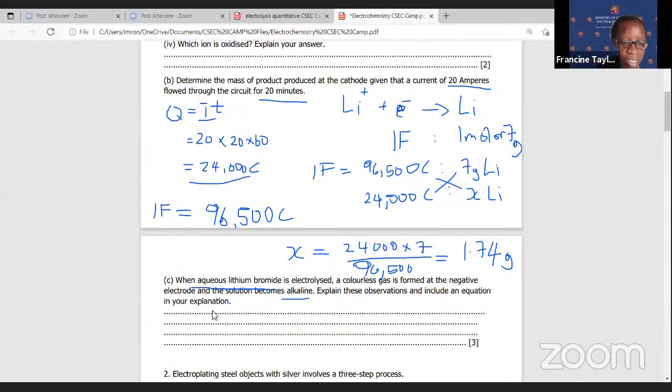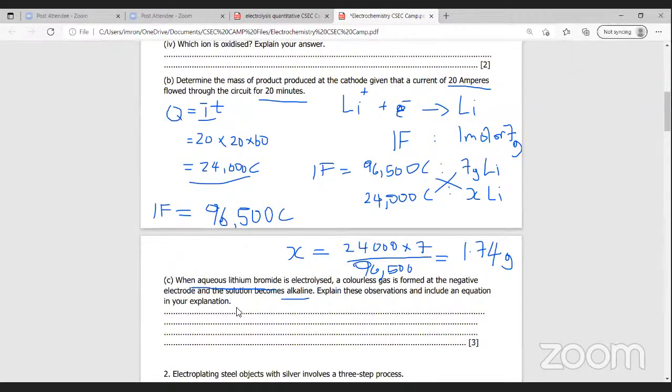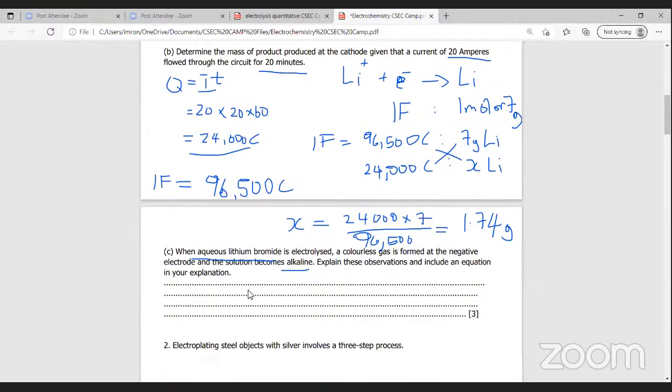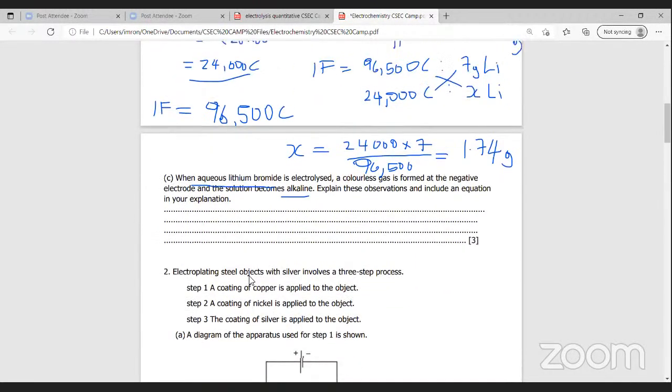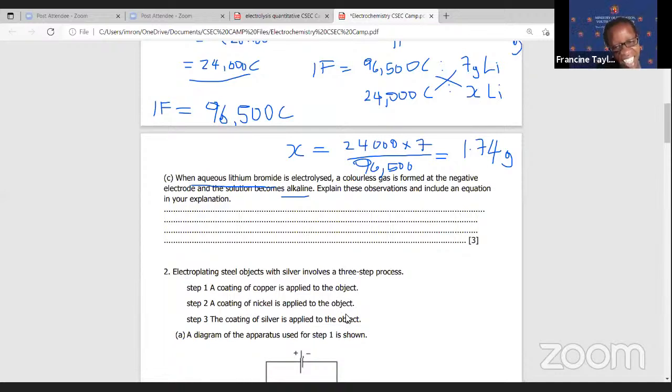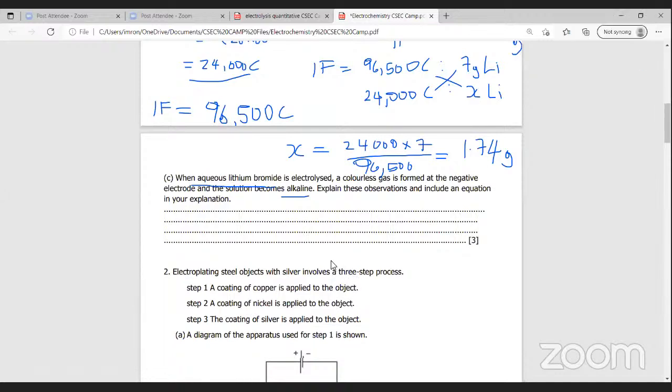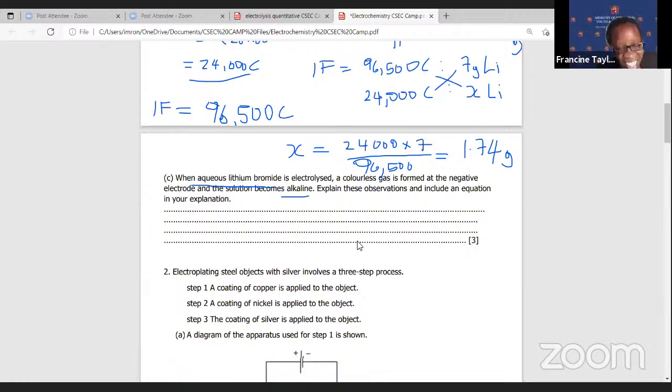Not seen anything else? All right. So hear me now, watch me carefully. Hydrogen is given off, yes, H2. Water is given off.